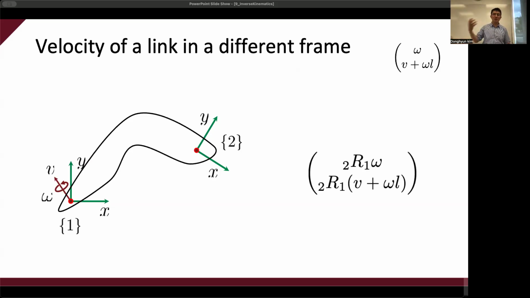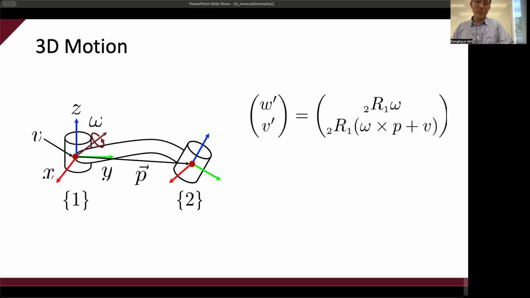So if we want to read the angular velocity described in frame 1 in frame 2, then what we need to do is just multiply the orientation matrix describing frame 1's orientation from frame 2, which is R2 to 1, to the angular velocity and to the linear velocity. And this linear velocity is omega times L, right? So there is no confusion in the planar case.